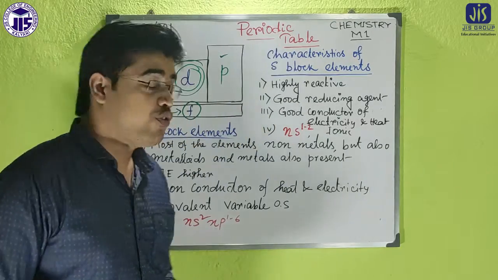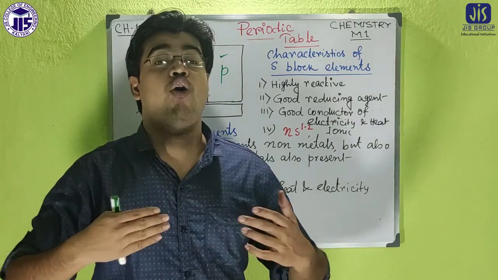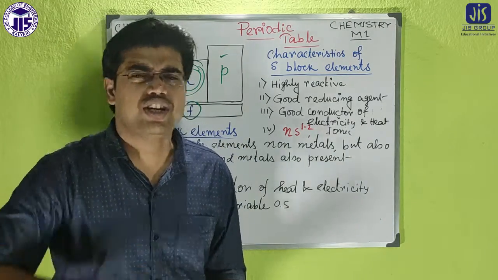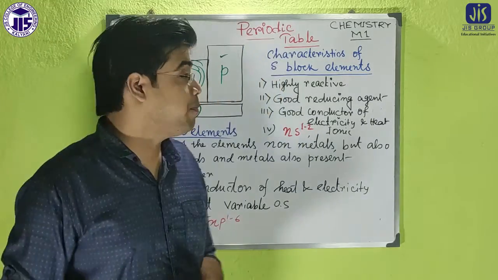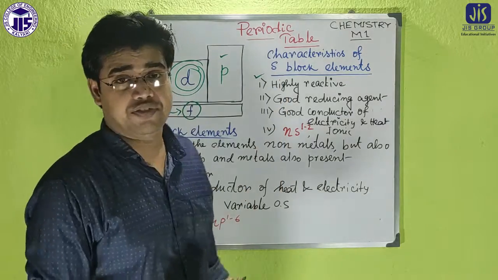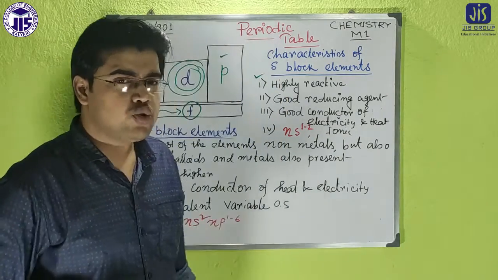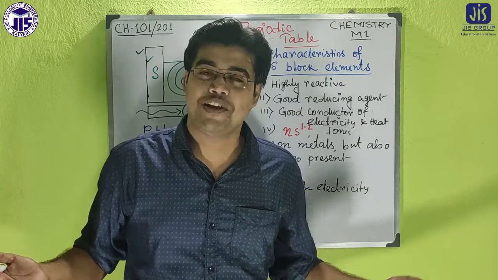So this is the general classification of each block. First of all, we'll discuss the general characteristics of the S block elements. The S block elements are highly reactive. If you think about sodium, it is highly reactive. You can't even keep sodium in open air.